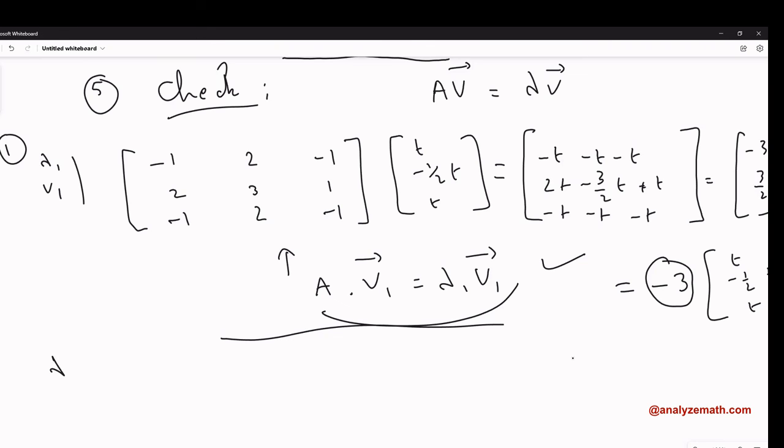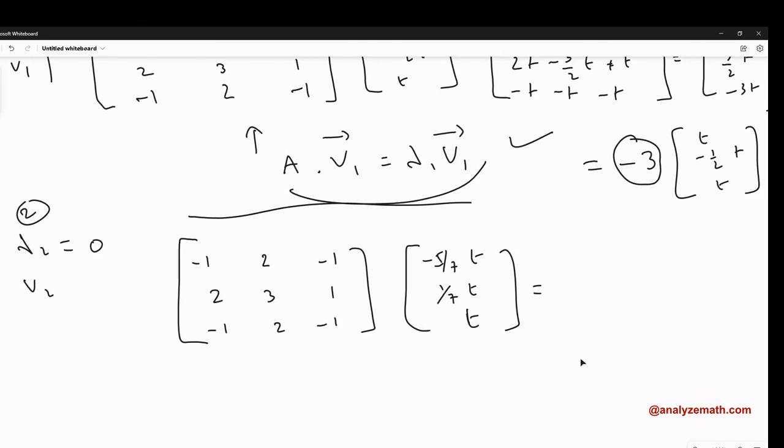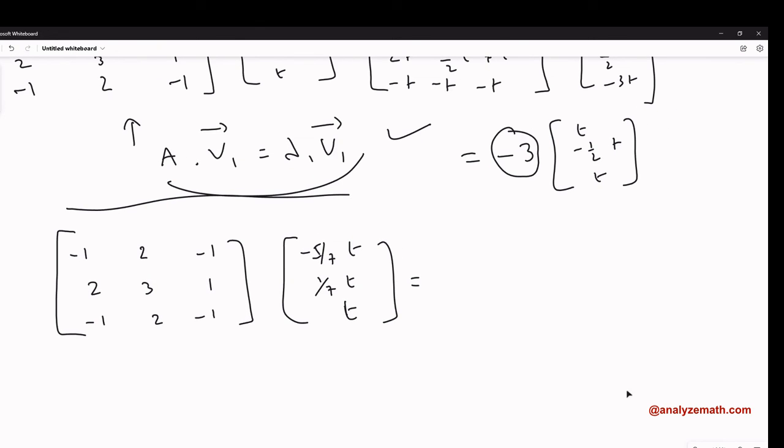Let's go to lambda 2, which equals 0, and V2. So this is eigenvector number 2, and this is A again. We are multiplying by V2. Let's go for the calculation.